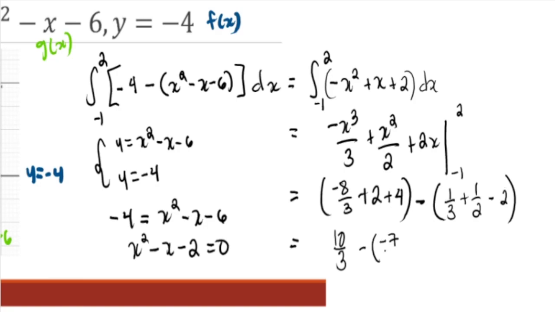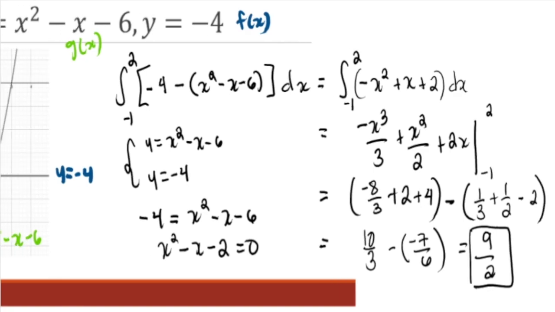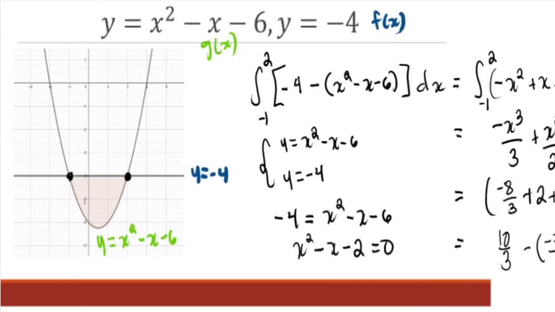So negative 7 over 6. So magiging plus 7 over 6. Add 27 over 6, or that is 9 over 2. So the area of this region is 9/2, or 9/2 square units.